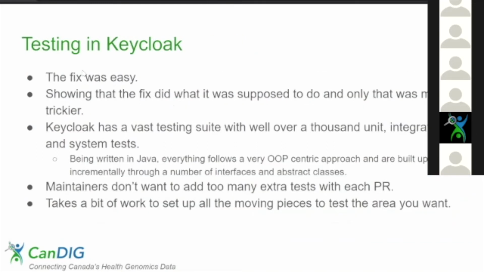But showing that this fix actually didn't break anything was a lot harder, because Keycloak has a very vast testing suite with well over 1,000 unit tests, integration tests, and system tests. On my laptop, when I tried to run the entire test suite, I think it took close to 4 hours to finish. So that just gives you an idea of how long it takes.